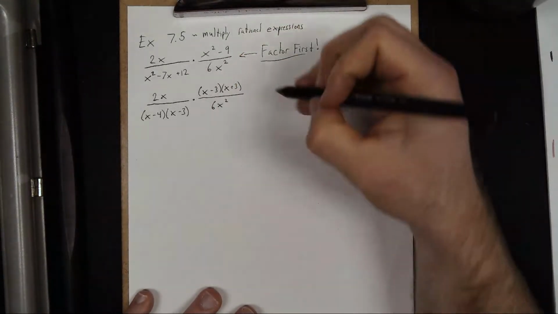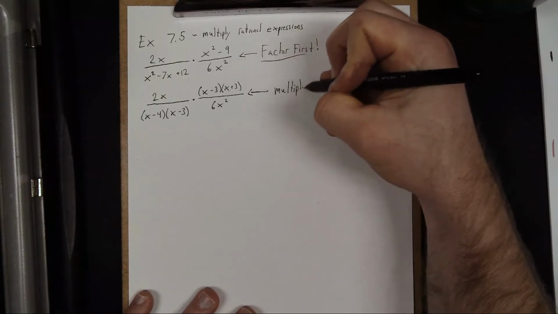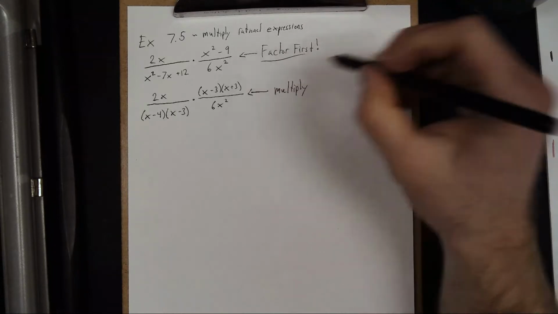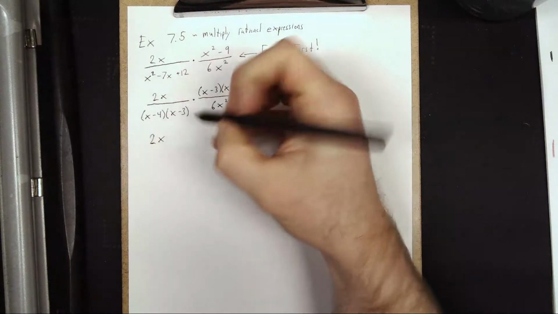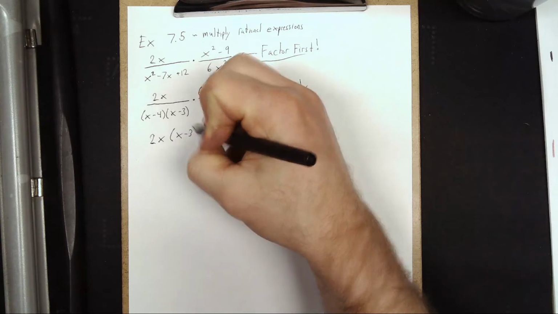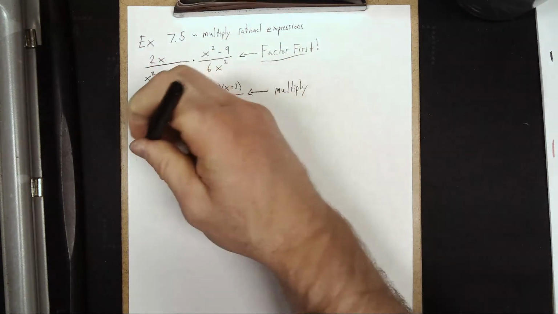Okay, at this stage, we are going to multiply, okay? And what I mean by that is just combine things. So we've got 2x times x minus 3 times x plus 3.